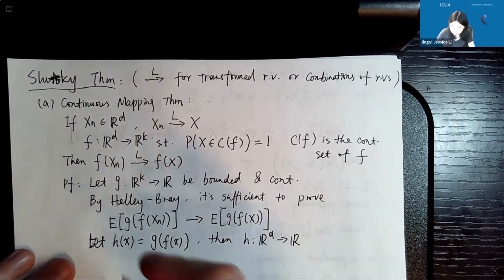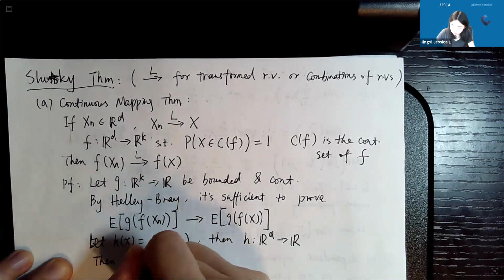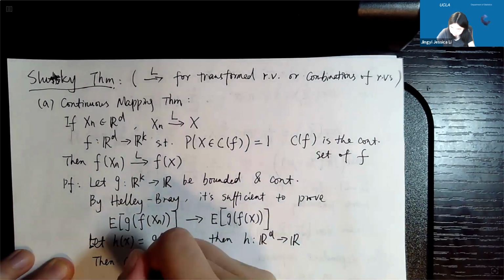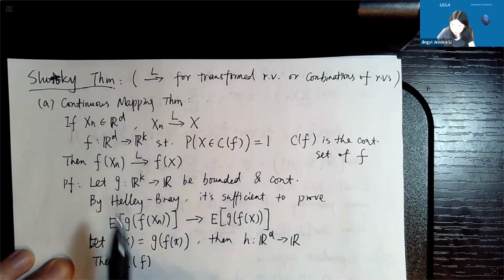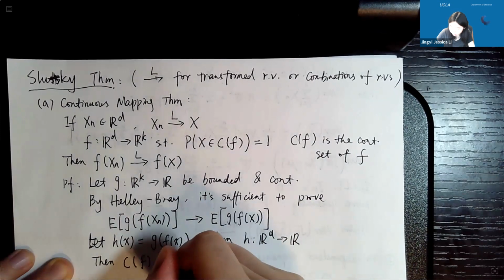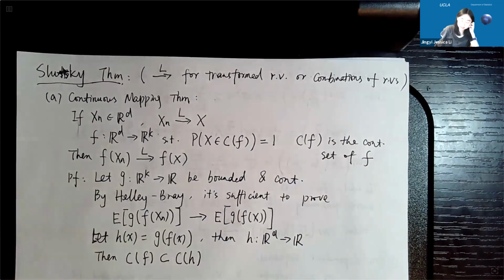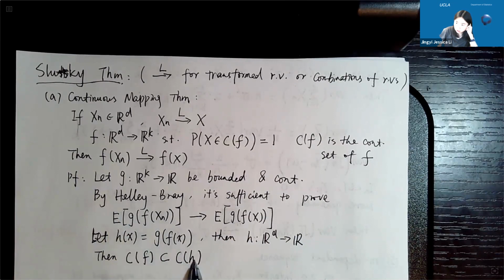So in other words, the continuity set of F, which is a subset of R^d, is contained in the continuity set of H. The reason is that as long as F is continuous at a point in R^d, then by G being continuous, H must be continuous at that point also.